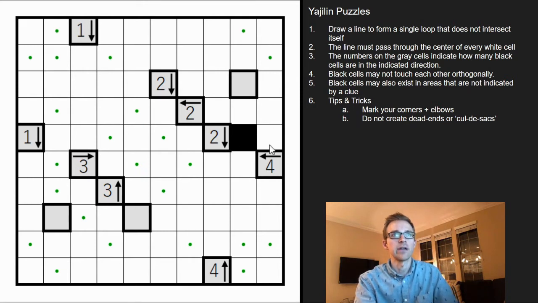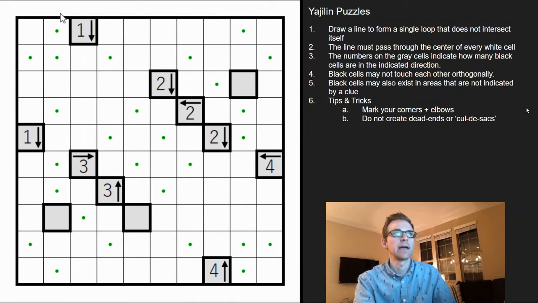A black cell can't go there because that would create, again, a cul-de-sac or dead end, whatever you want to call it. Same thing there. All of those, because the loop would come in and it wouldn't be able to escape. So hopefully I've made that abundantly clear, because that is a good starting point for these puzzles.